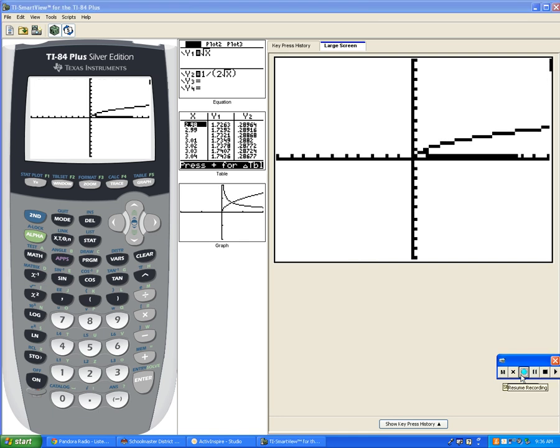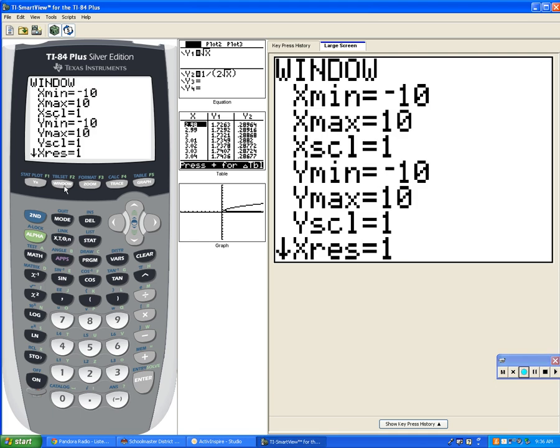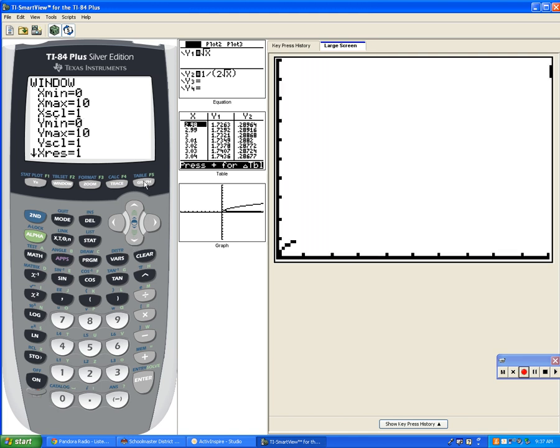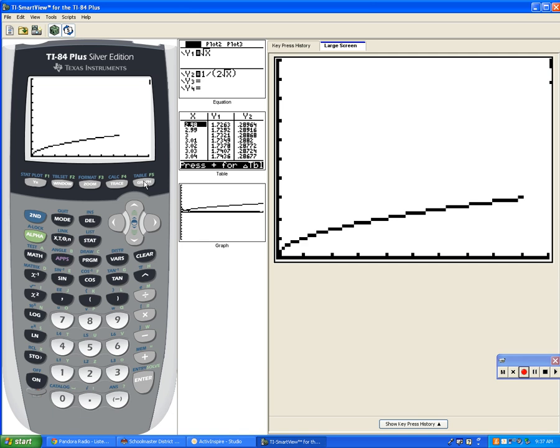Okay, so here's the graphs. This is the square root of x, and this is 1 over 2 times the square root of x. Let me change the window so we don't need any negatives here. We don't need no stinking negatives. Okay, so there's the square root function, and then here is the other one, and you really can't see it for most of the graph.